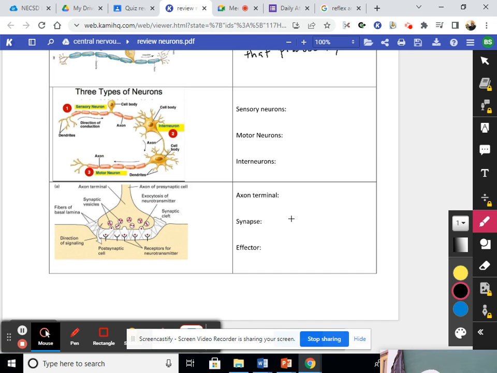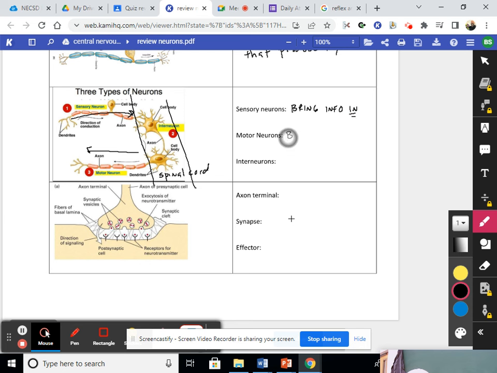Three types of neurons. We got neurons going in this way. We got neurons coming out. Remember, this would be inside the spinal cord right here. That's where we find interneurons. So sensory neurons bring info in.